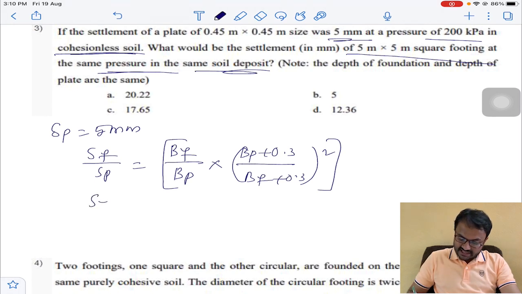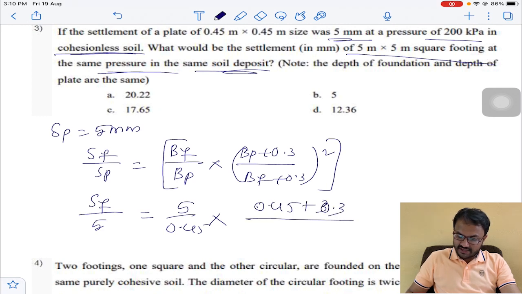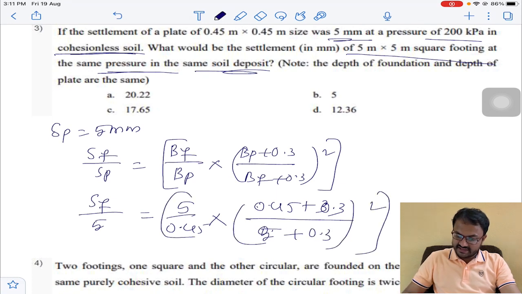So SF by 5 mm, the given value is 5, divided by 0.45, into 0.45 plus 0.3, divided by 5 plus 0.3. So you will get SF as 12.36 mm. Clear? So answer D for question number 3.